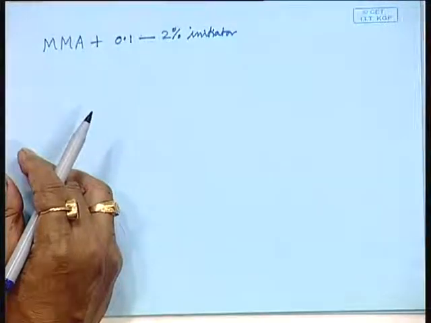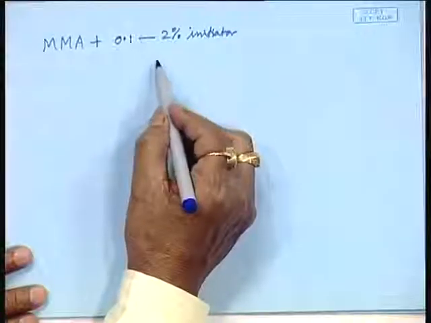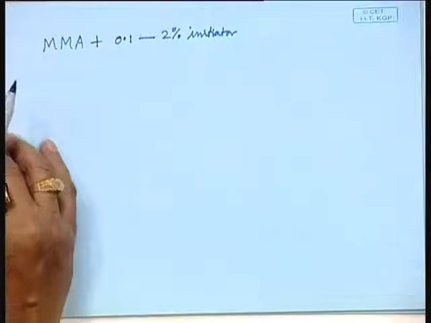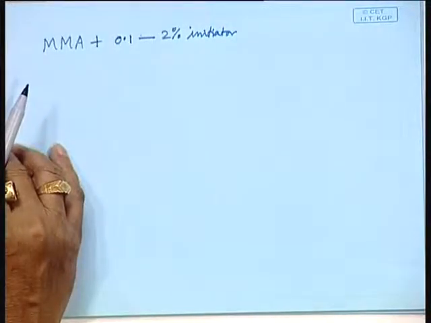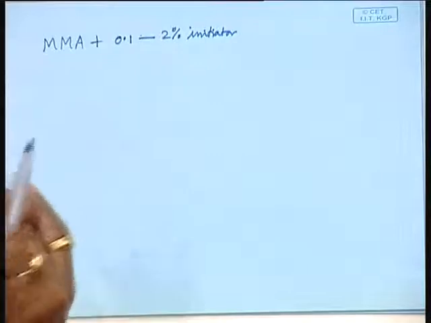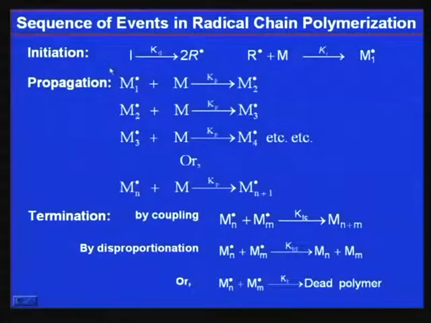Say if you take 100 gram monomer, you can take 1 gram of initiator or 0.5 gram of initiator. Now, how many molecules are there in that 0.5 gram? Few of those molecules will break initially, not all at the same time, but slowly, depending on the availability of bond breaking energy from the thermal source. So, simultaneously a large number of initiator molecules can decompose into free radicals and a large number of initiated monomers will be formed.